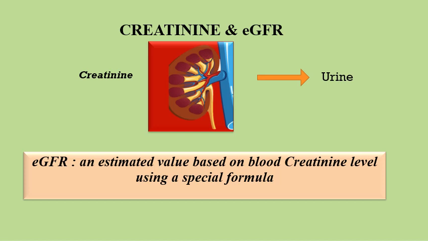If the kidney function is low, the creatinine level will be high. But a more useful way to judge kidney function is to use this creatinine level and apply a special formula which will give you an estimated value of something called eGFR. GFR stands for glomerular filtration rate, and it correlates well with the kidney function.